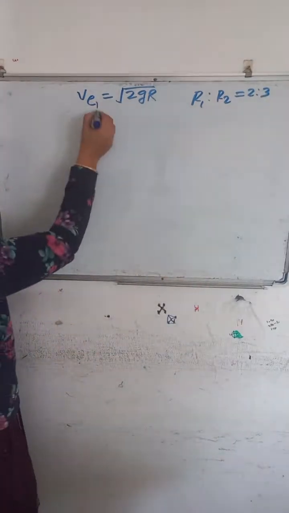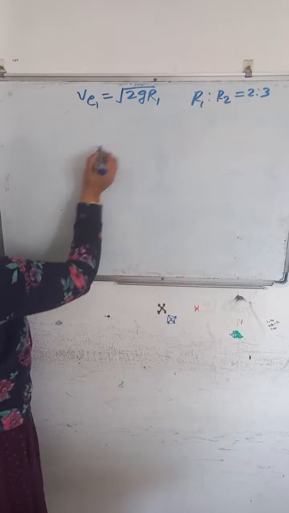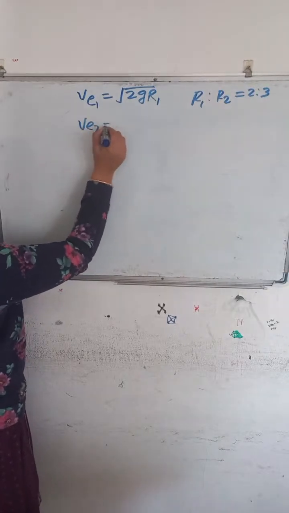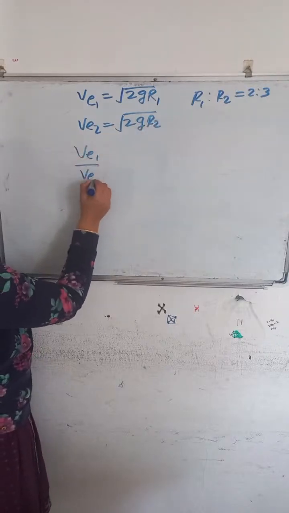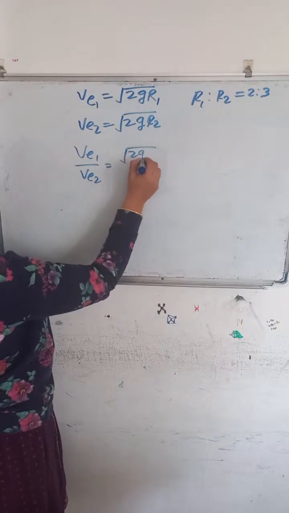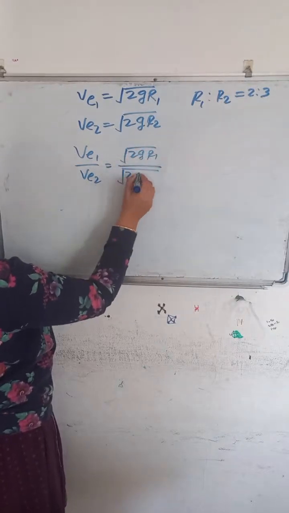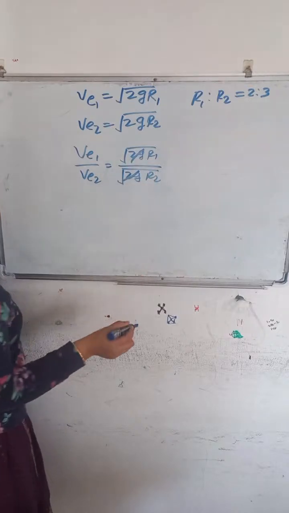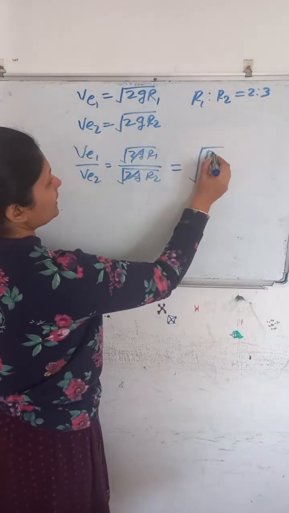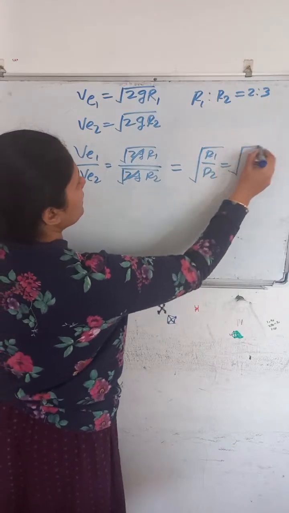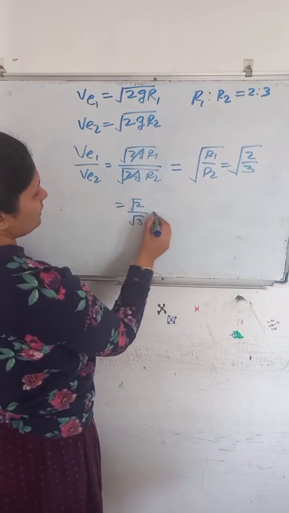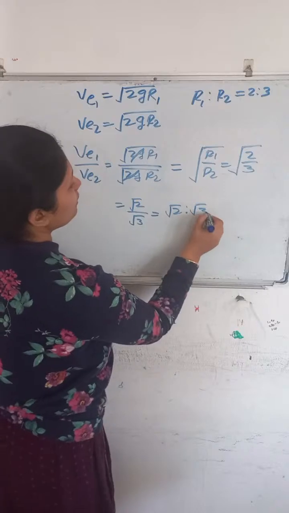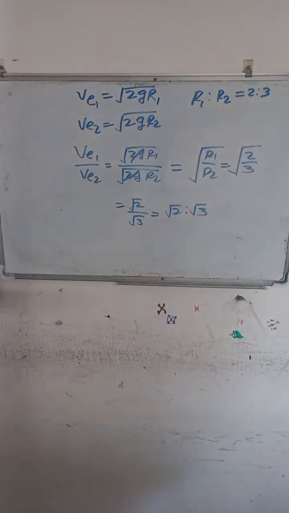Suppose this is the escape velocity for the first body, so its radius is R1, and VE2 is nothing but root of 2gR2. So you take a ratio of both of these, 2gR1 upon 2gR2. 2g gets cancelled, and here you will get R1 by R2, that is nothing but 2 by 3. So we will get the velocities root 2 by root 3, that is, root 2 is to root 3. So this is nothing but the answer for this question.